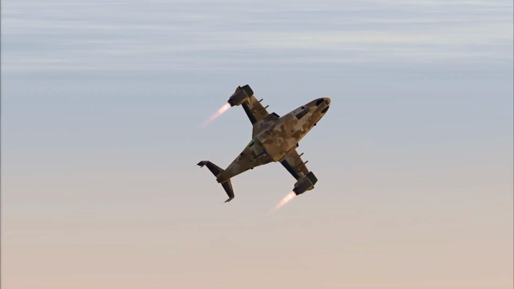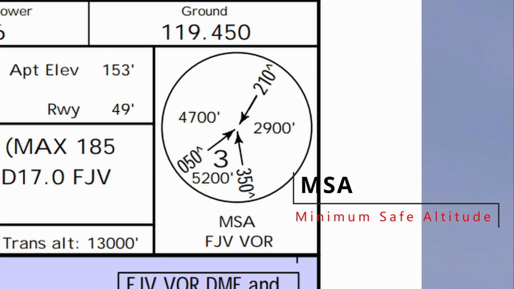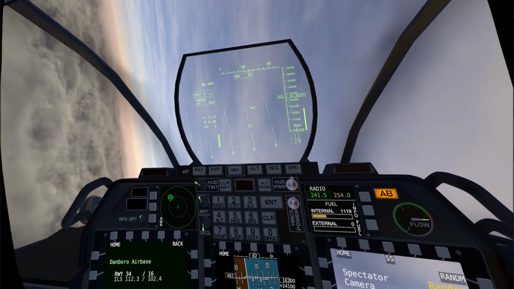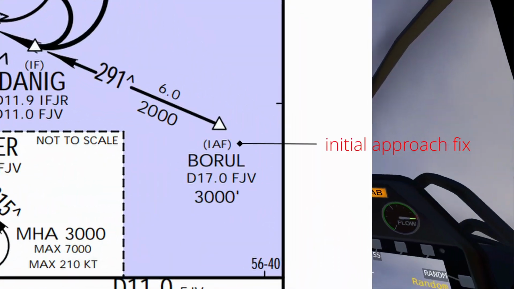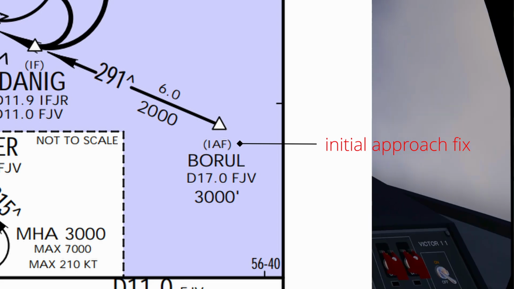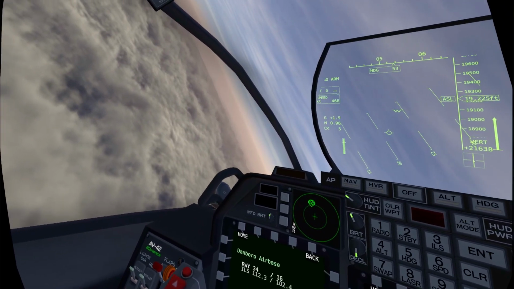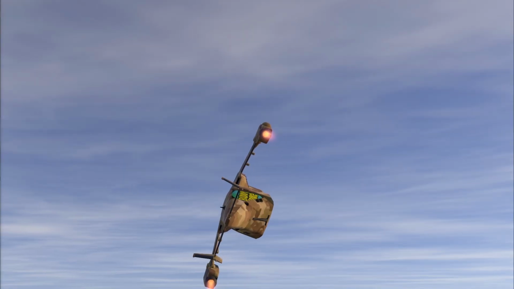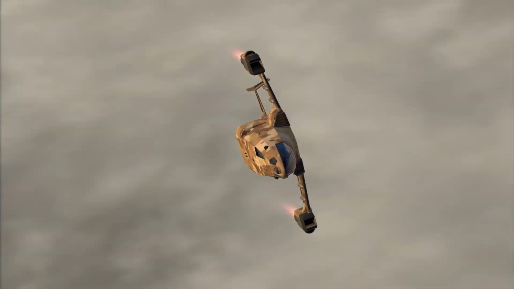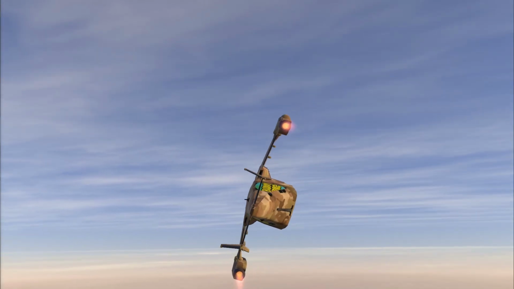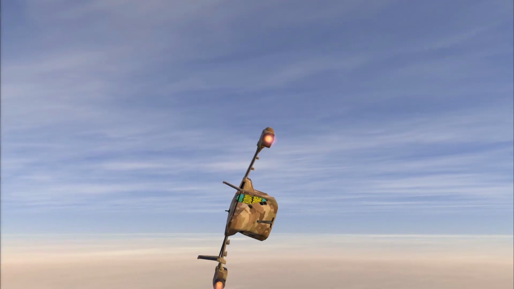So the first thing we do is look at the minimum sector altitude, and we make sure that when we're approaching the initial approach fix, we are at a safe altitude. Depending on the direction we are coming from, we follow the altitude and make sure we're not below our minimum safe altitude. So what I'm going to do is approach the initial approach fix at about, let's say, 4,000 feet.